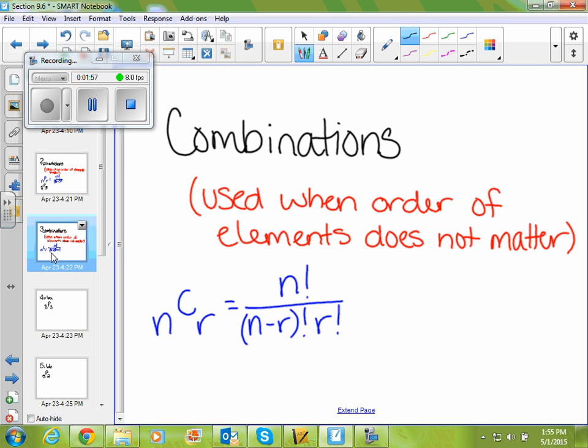Okay, so then the second probability model that we're going to look at today is combinations, and that's when order doesn't matter.